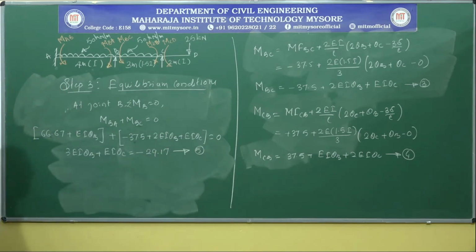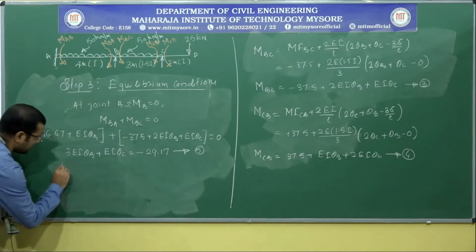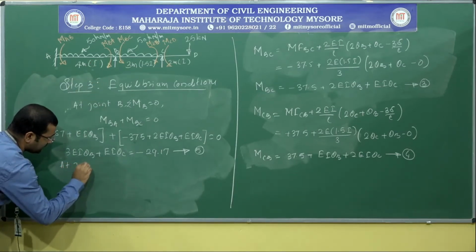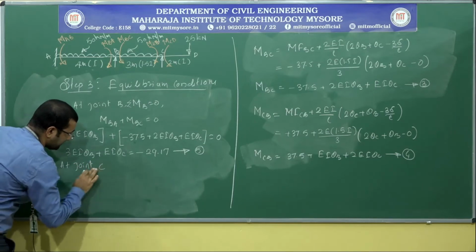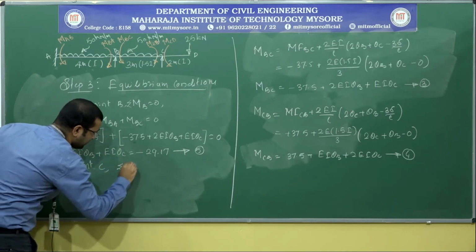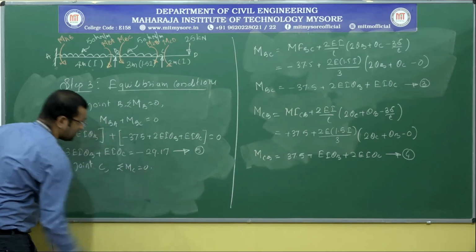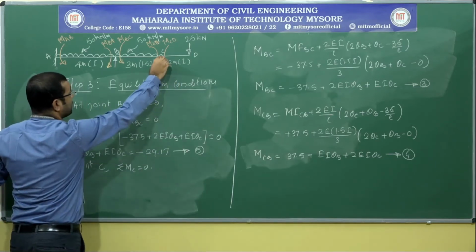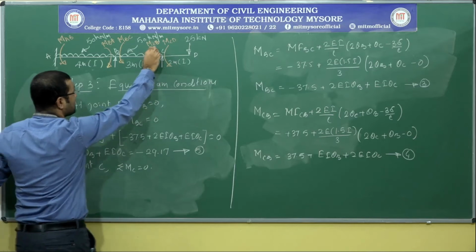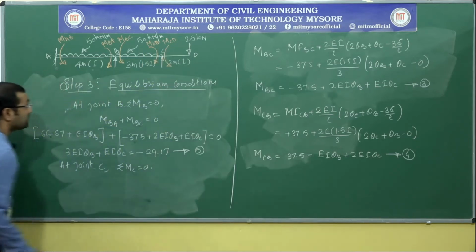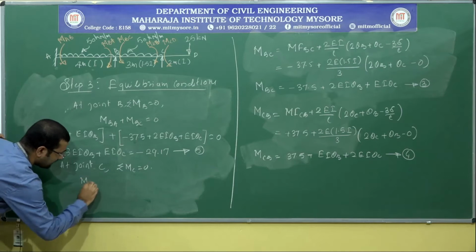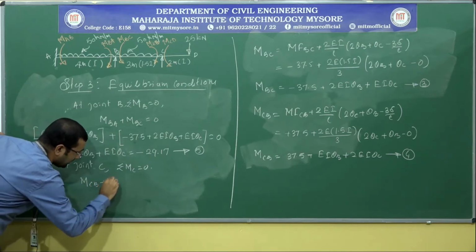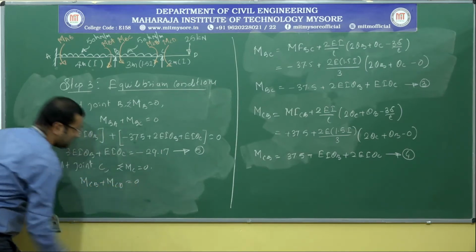Similarly, I need to write one more equation at joint C, where the algebraic sum of moments must be equal to 0. At joint C there are two moments, one is MCB, another one is MCD. So MCB plus MCD equals 0.